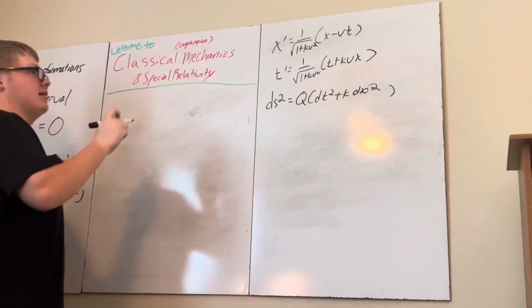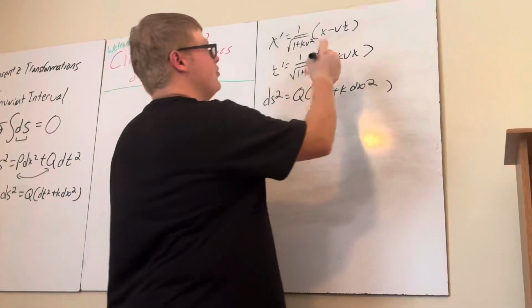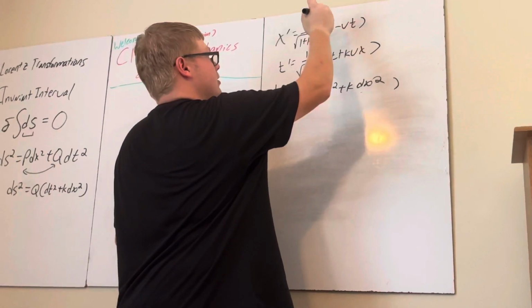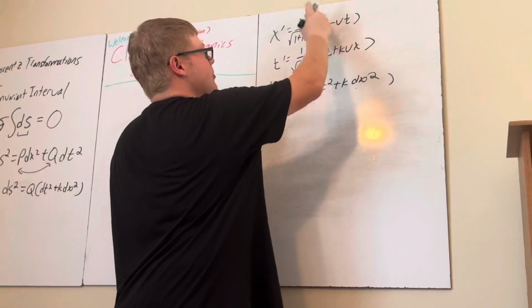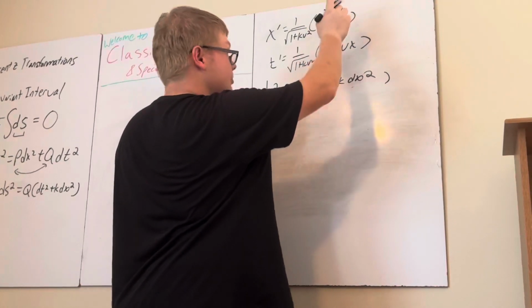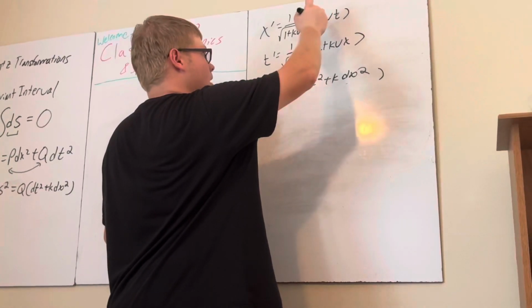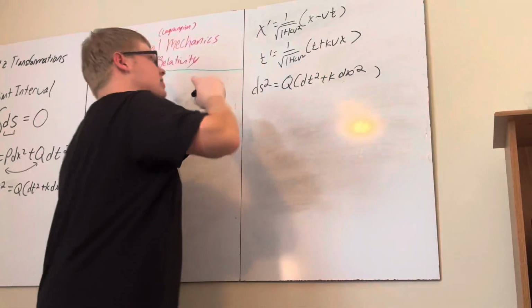The idea that if Carl, the object that Bob and Alice are observing, just for another example, is moving at the same speed as Bob, so x prime will be 0, as we said.